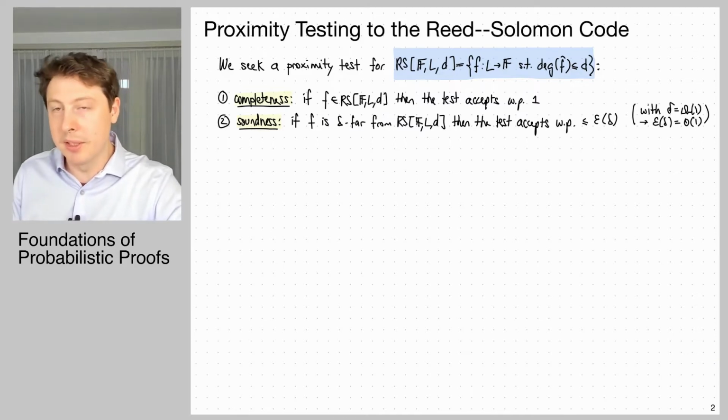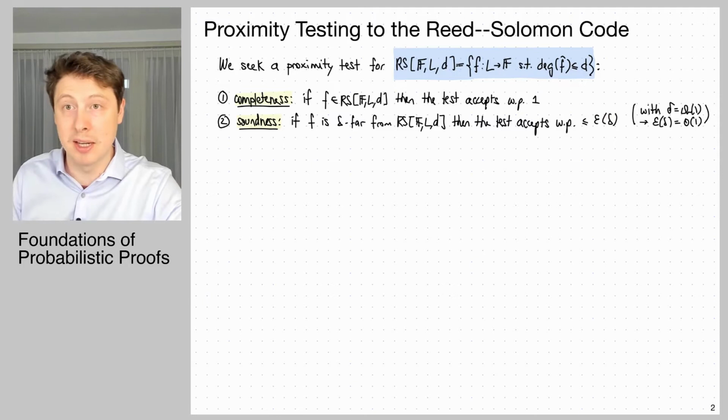You should think of delta as some small enough constant, say a 10th or 100th, okay? Then we're accepting with some probability that is bounded away from 1. So at most, I don't know, 3/4 or at most 9/10 or something like that, okay?